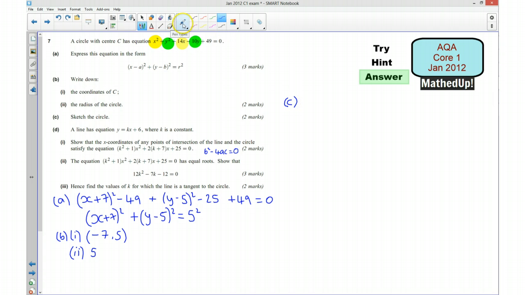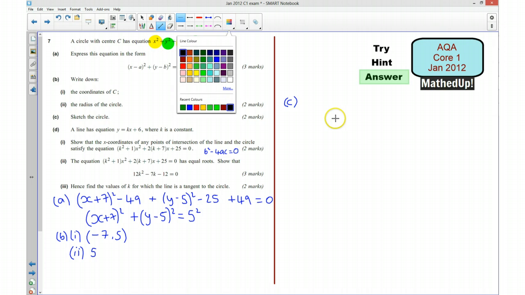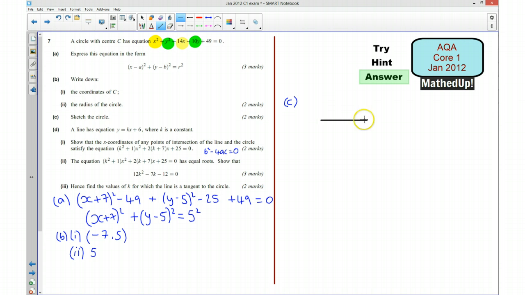Okay, for part C we want to sketch the circle. So I'm just going to draw myself a set of axes over here. And our circle has got a centre of (−7, 5), so that's where the centre of our circle is going to be, and it's also got a radius of 5.